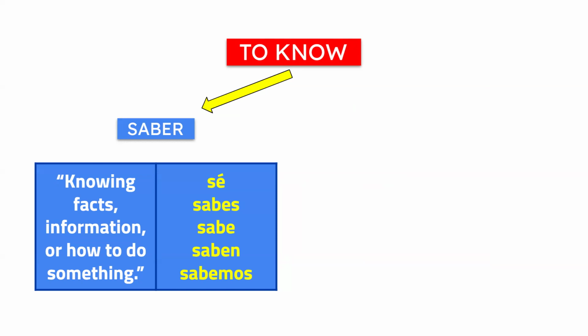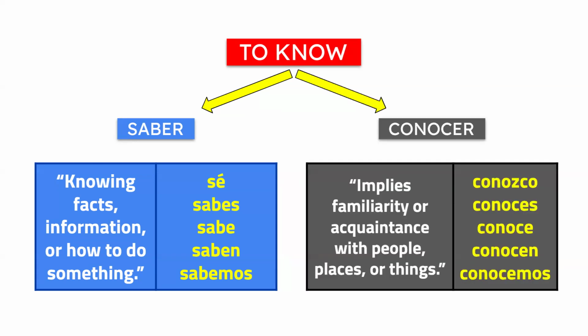Now, the next verb we use in Spanish is conocer. That's right. And the conjugation goes conozco for I know, yo conozco, followed by tú conoces, él, ella, usted conoce, ustedes, ellos conocen, and nosotros conocemos.